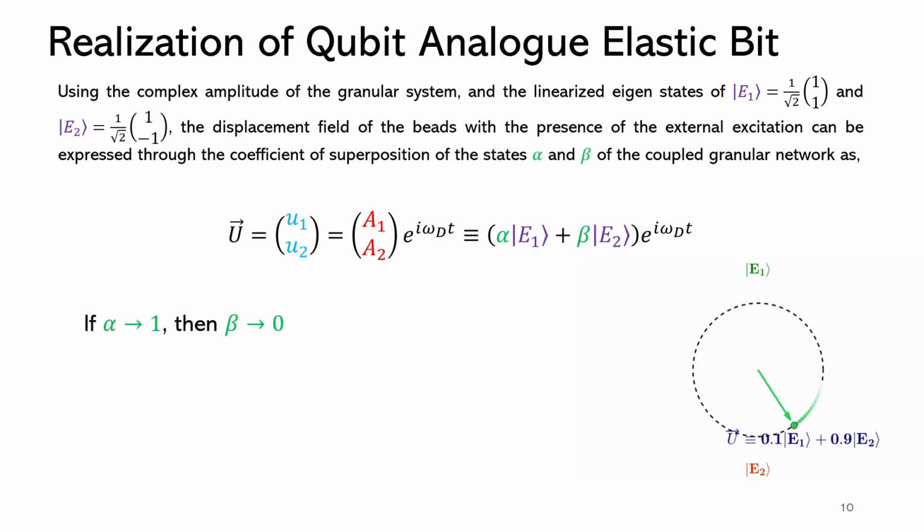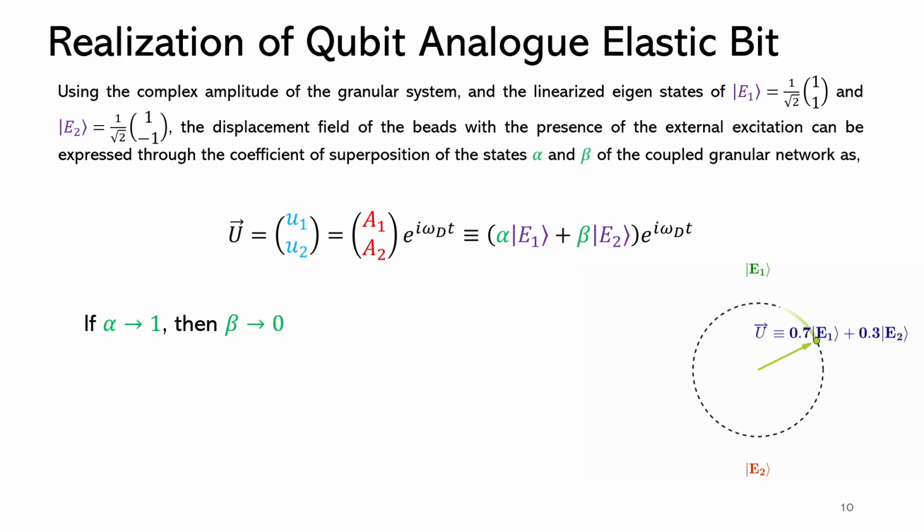If we see this schematic, if we have alpha equal to 1 and beta equal to 0, that means the system is e1. In the animation, when we are close to e1, it is one of the pure states. When we are driving the system at the first eigenmode frequency, the system is vibrating in the in-phase mode.